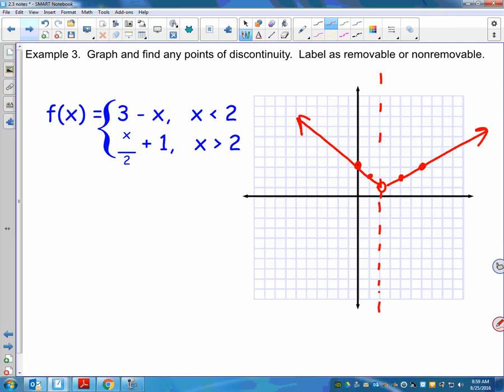Is that right? No. Shouldn't this be... Why is my graph not?